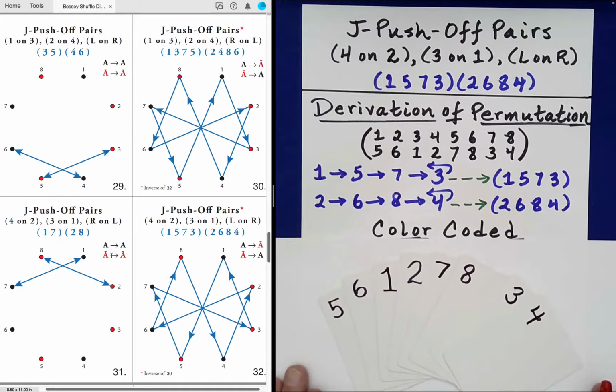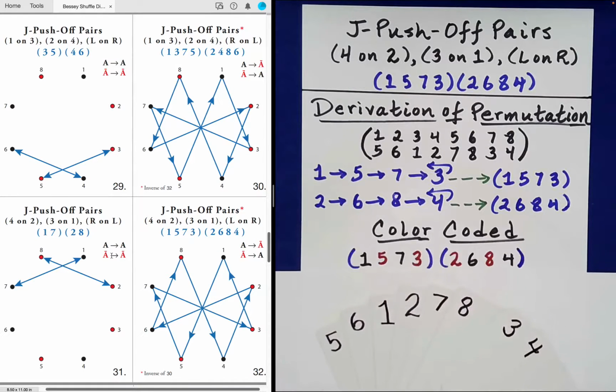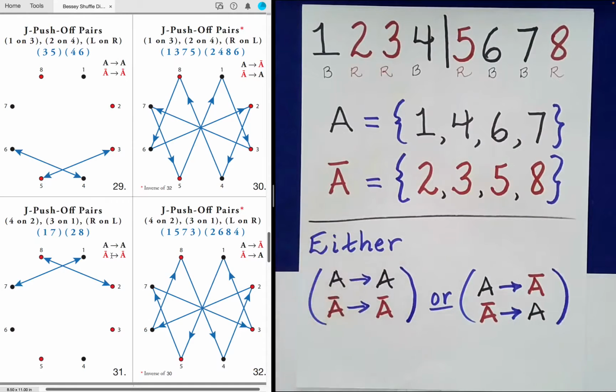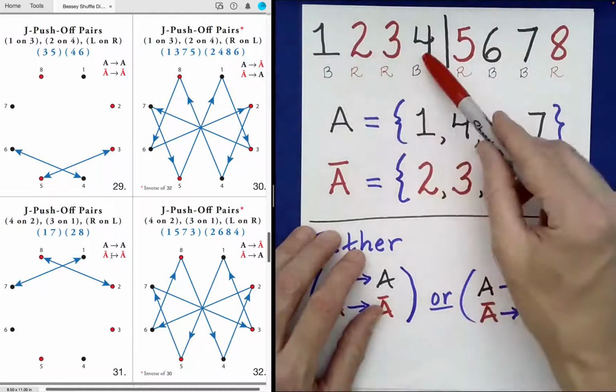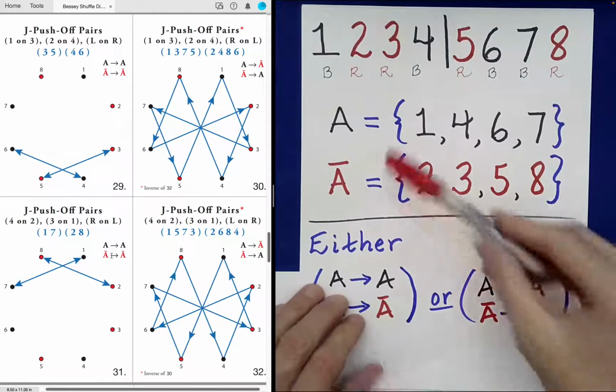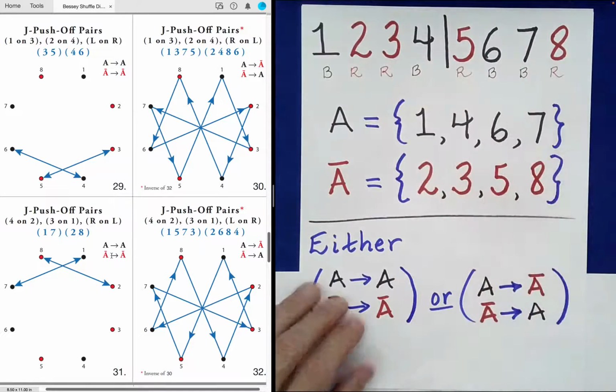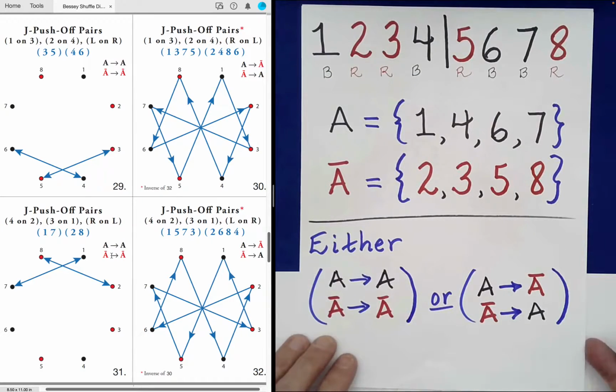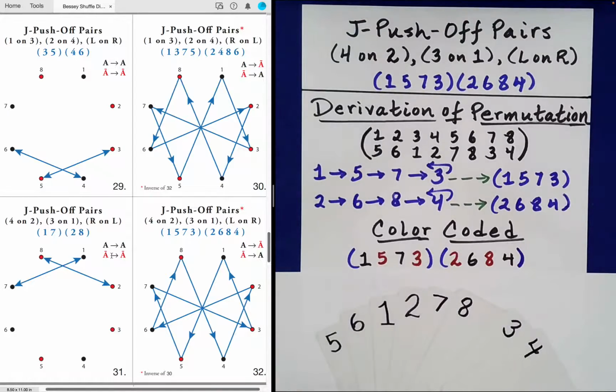So if we color code our digits, we obtain the following. Recall that positions 1, 4, 6, 7 are color-coded black, and positions 2, 3, 5, 8 are color-coded red. And as we've talked about, this will aid us in perceiving the effect of shuffles on Bessey sequences of order 8.